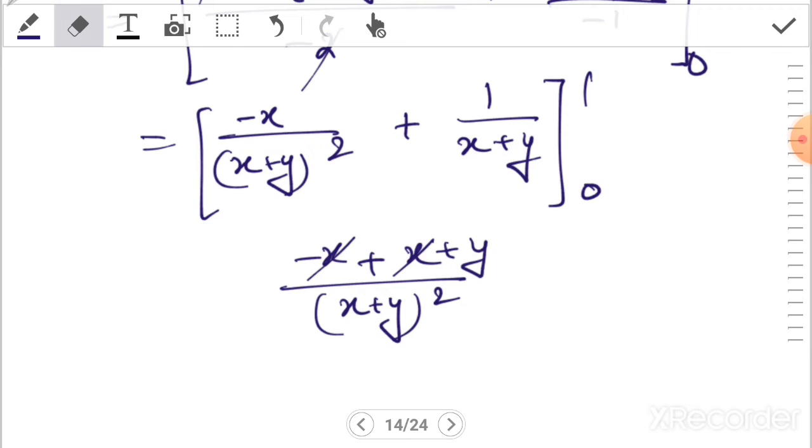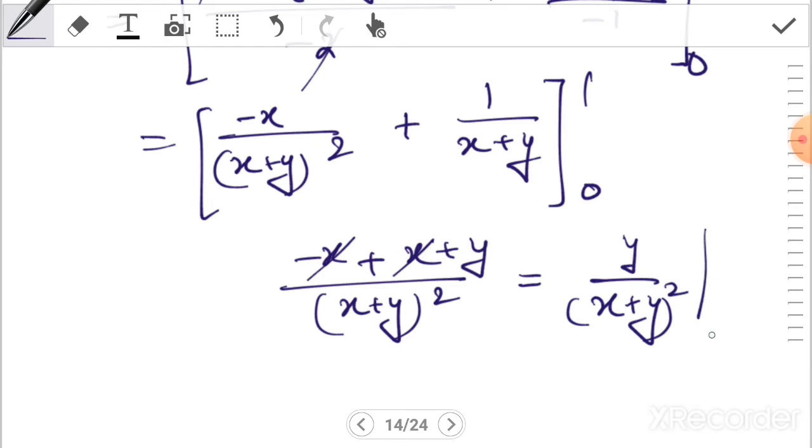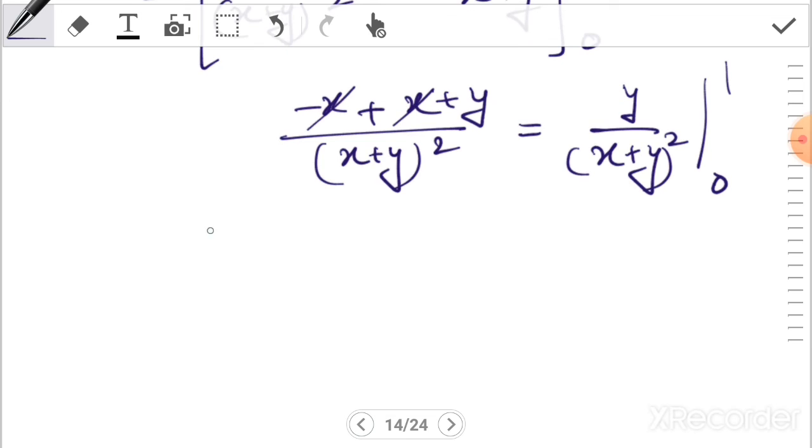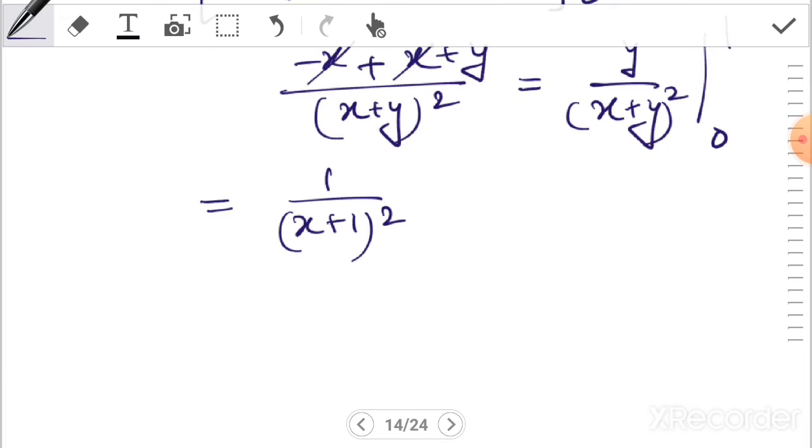So you will have only plus y in the numerator. So this is y by x plus y whole square. Now you can put the limit. So this is 1 by x plus 1 whole square. Okay. So result of the inner integral is 1 by x plus 1 whole square.